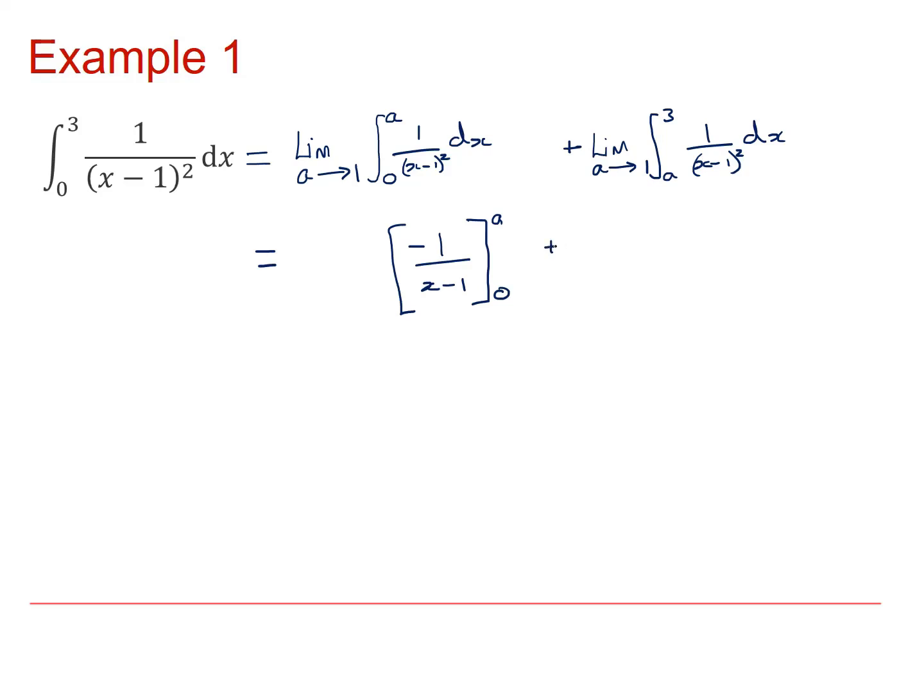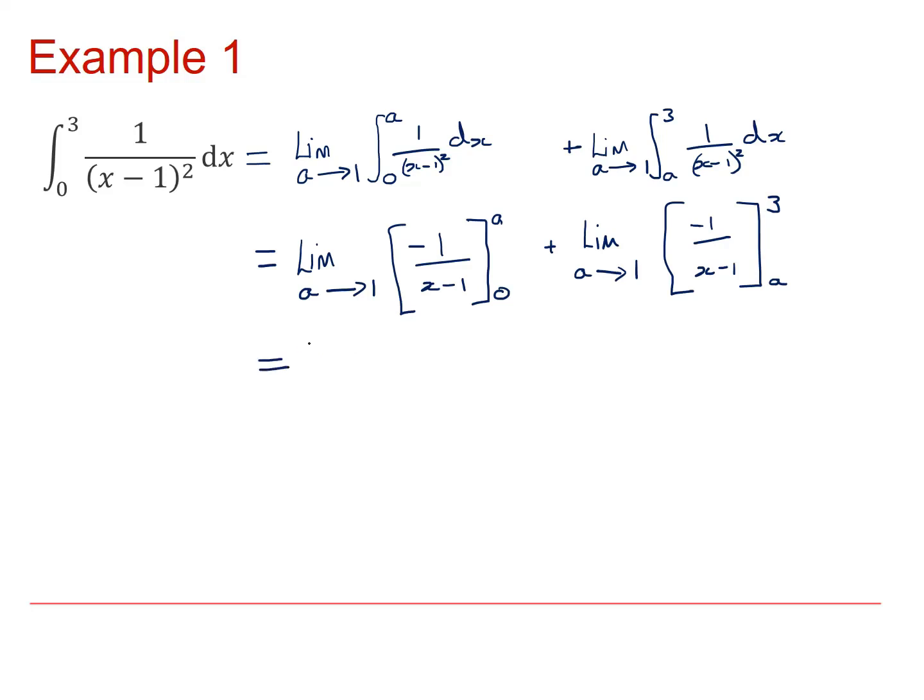And in the second part, I get the same result, minus 1 over (x minus 1), evaluated between a and 3. And again, what happens as a tends to 1? These two parts together cover the entire range that we're trying to integrate.